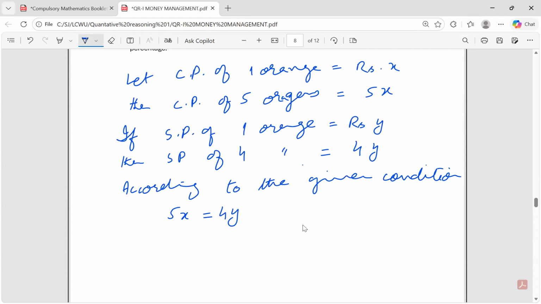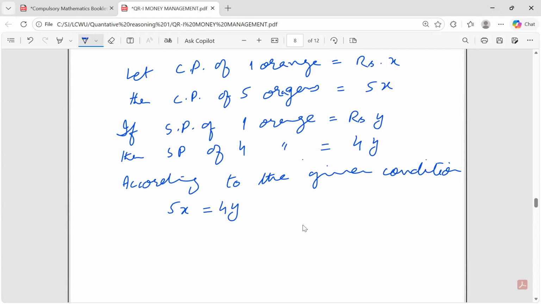So from here, we have y is equal to 5 by 4 x.